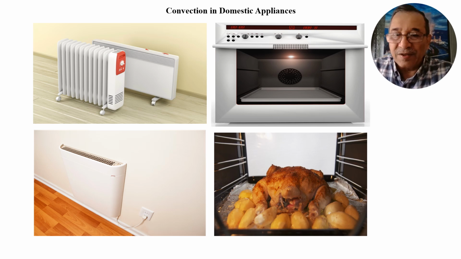It could be electrical or using steam or hot water even in these radiators. On the right hand side, we have the ovens where convection is the main mode of heat transfer in these equipment.